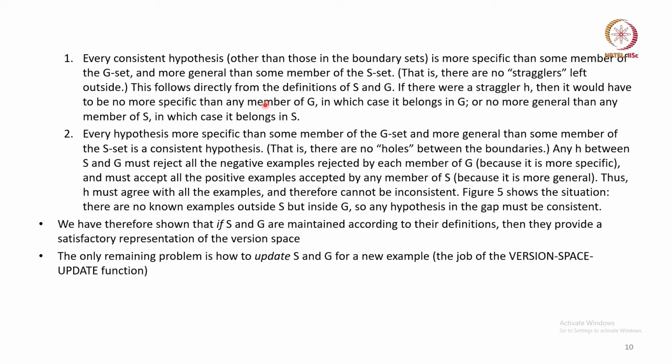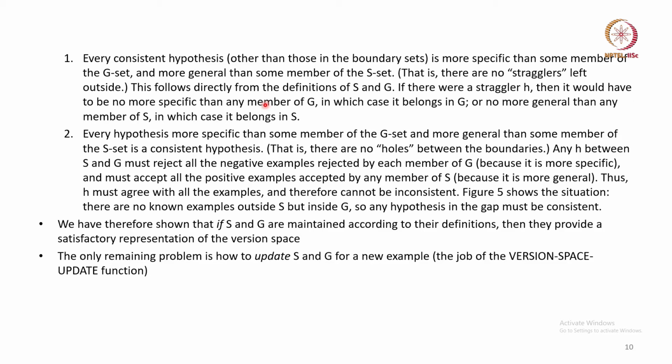What we need is to be able to update S and G whenever we get a new example. If the new example is consistent with the G set and S set that you have, then you don't need to do anything. It's only if it is not consistent.